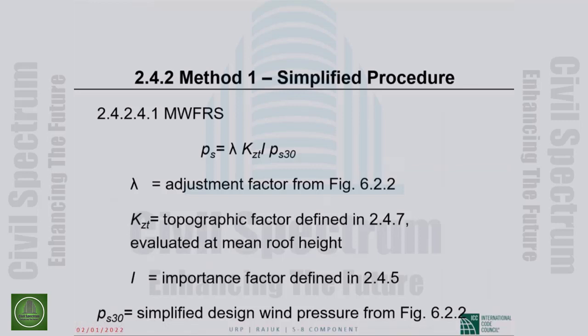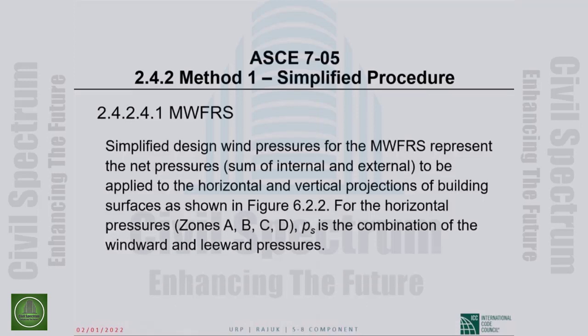If you have exposure C, or a mean roof height of 60 feet, above which you cannot go, the lambda factor will convert PS30 to the value that you should use. So it is as simple as that. You take PS30 for exposure B and mean roof height of 30 feet, and multiply it by I, K sub ZT, and the lambda that converts PS30 to the right exposure and the right mean roof height.